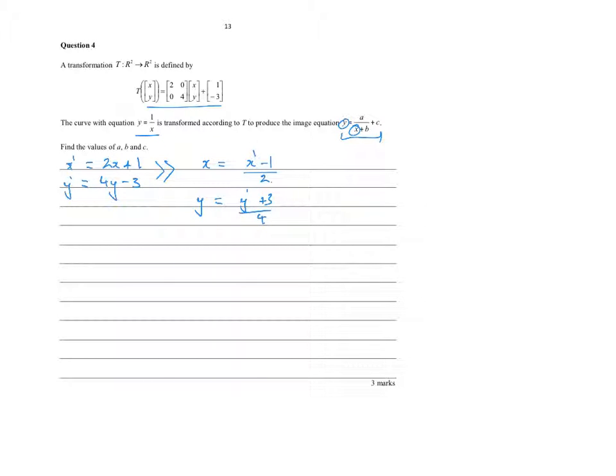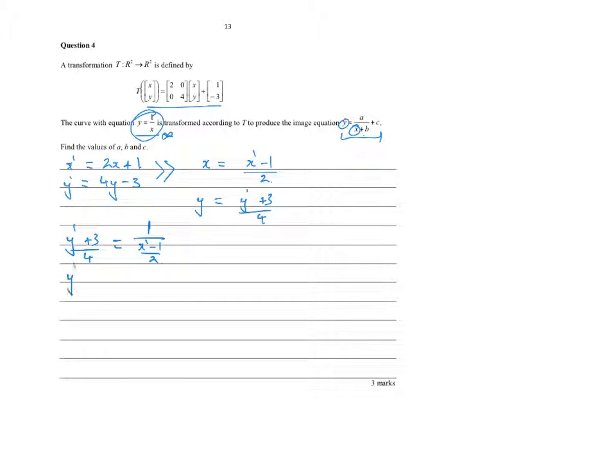So they're the two values I'm going to substitute into my rule. So y dashed plus 3 over 4 is equal to, whoops, that's y. So my bad. I'm going to substitute those into there, aren't I? Into that equation equals 1 over x dashed minus 1 on 2.